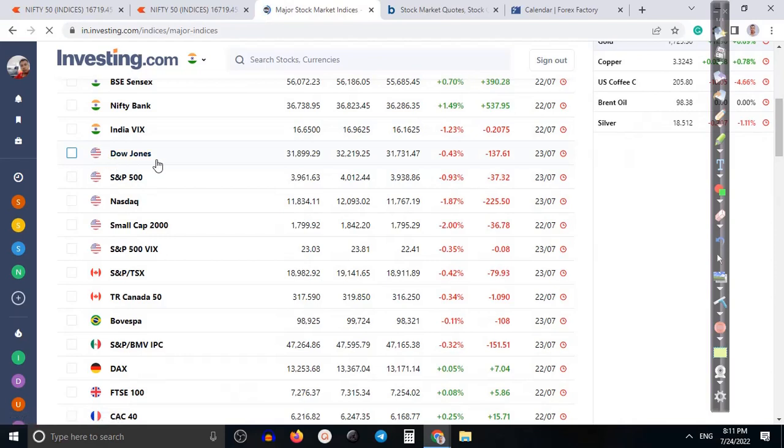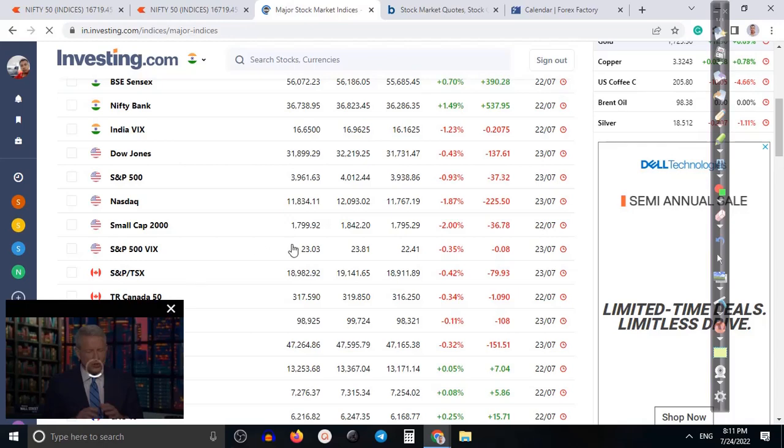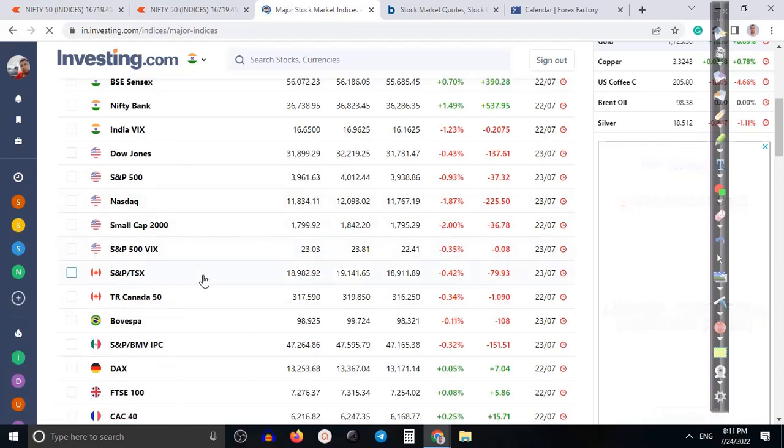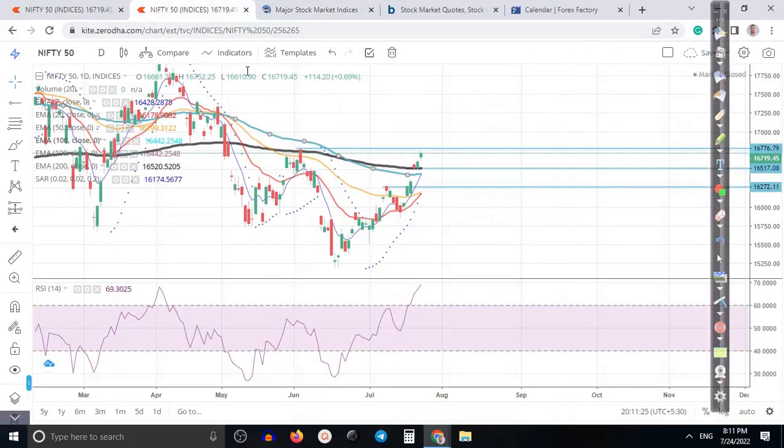Here you can see Dow Jones negative by 0.43, S&P 500 negative by almost 1%, Nasdaq negative by 1.87%, and so on. So there is a probability that the Indian market may give a pullback, open with a gap down.